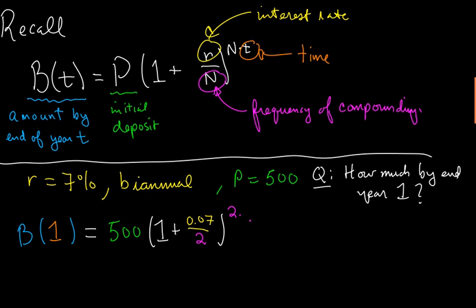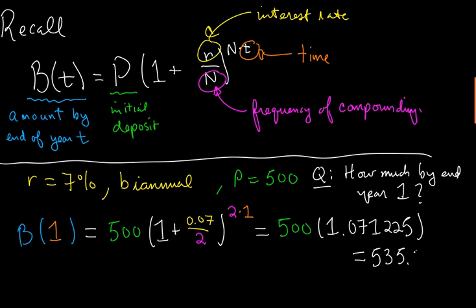And you raise all of that to the power 2, and you multiply that exponent by 1, because that's what t is equal to. All right, you plug all of that into your calculator, and actually what you get is 500 times 1.07^2, which is 500 times 1.071225. If you plug that into your calculator, you get $535.61. I've already done all the computations, but you should check this with your calculator. Okay, so that's how much money you have by the end of year 1.